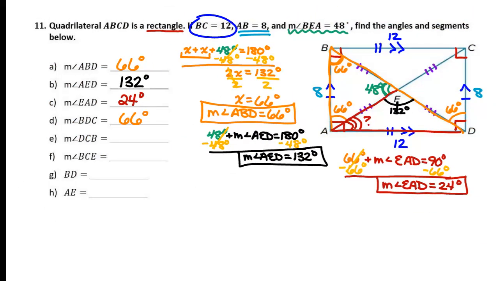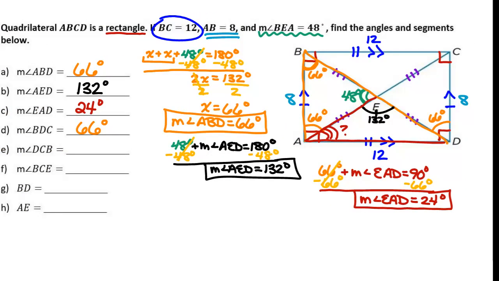Two more angles to go. DCB is next. Here's DCB. So this angle right here, how big is that angle? 90 degrees. Last angle now, BCE.